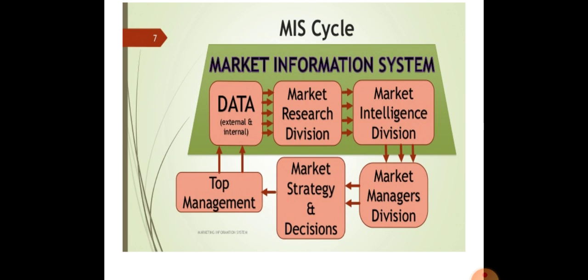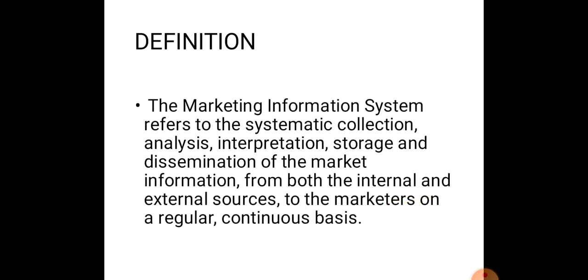After this we submit those strategies and decisions to the top level management. Top level management receives the data and information that will be useful for the organization, and the cycle goes on. Then again we collect the data and process it, and the whole information is submitted to the top level management, taking the right decisions and making the right strategies. So it's a MIS cycle.